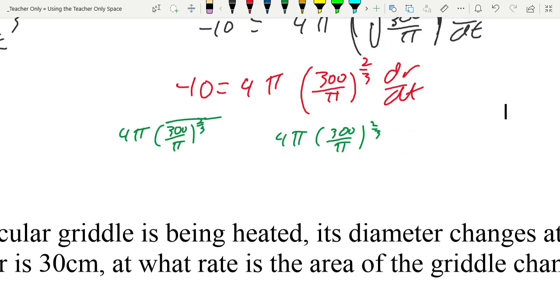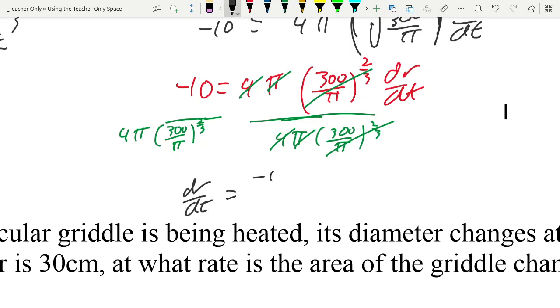And I'm not dividing by dr/dt. That's what I'm solving for. So now the 4 divides with the 4, the pi divides with pi, leaving me with dr/dt is equal to negative 10 divided by 4 pi times 300 over pi raised to the 2/3.